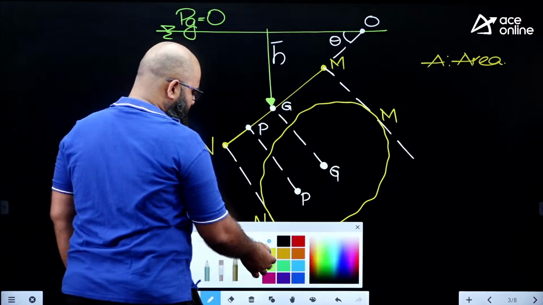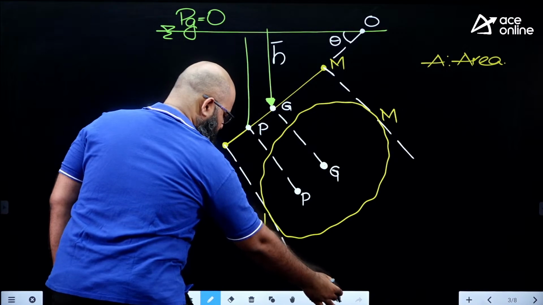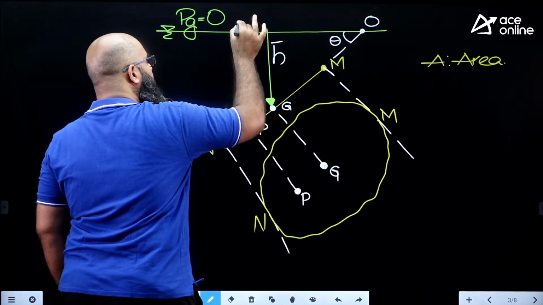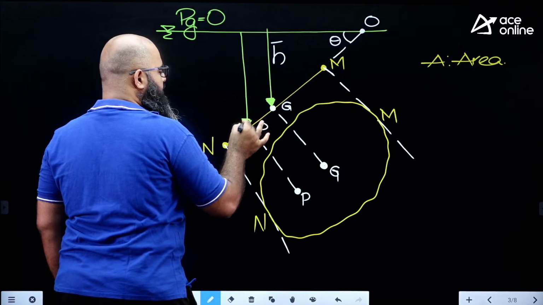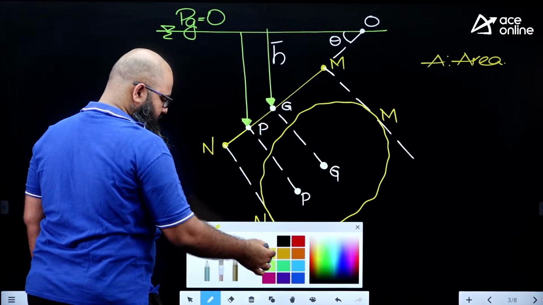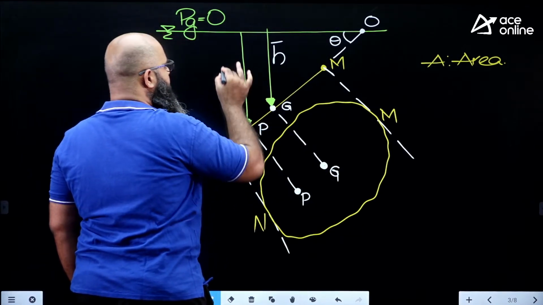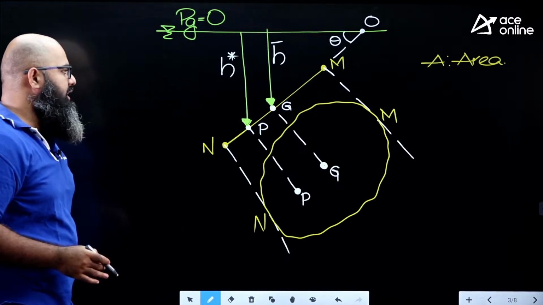Likewise, some time back I have told you that if you measure the vertical position of center of pressure with respect to the interface, this distance over here is known as H star.